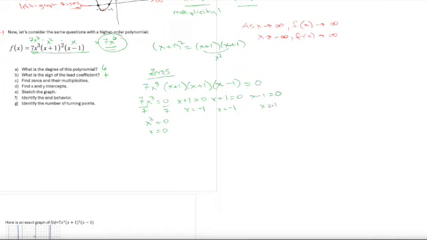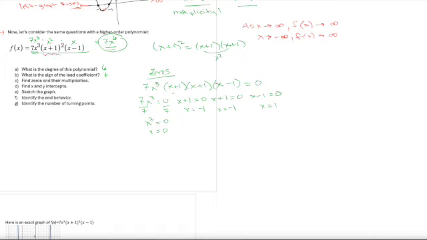Okay, so now let's talk multiplicity. Multiplicity, again, just means how many times each 0 occurs. So notice with this x plus 1, see how I have it written here twice? It's because the original factor was squared.